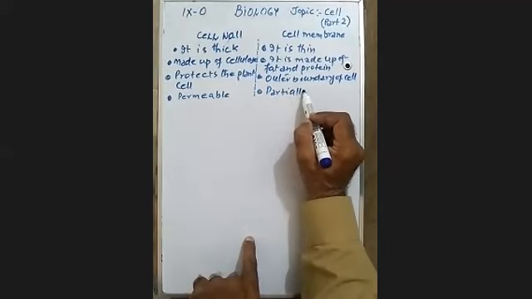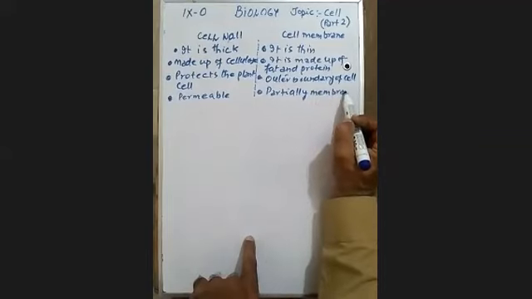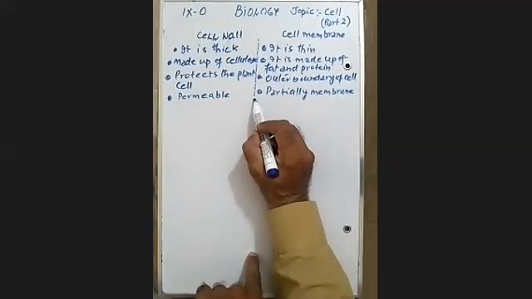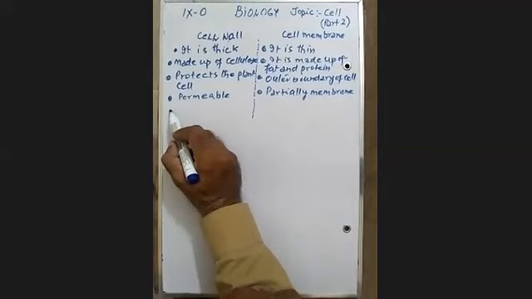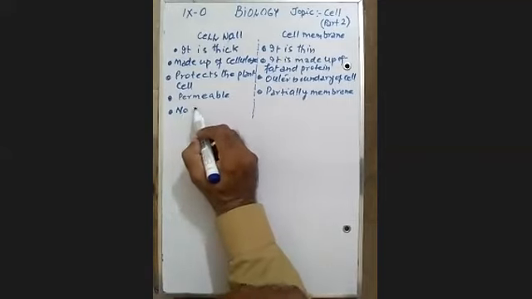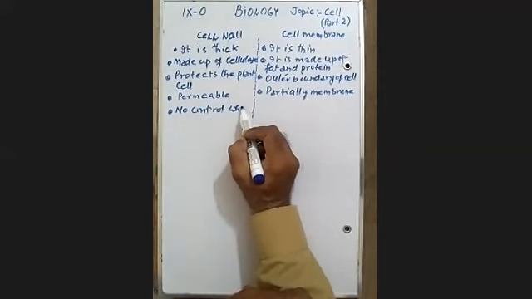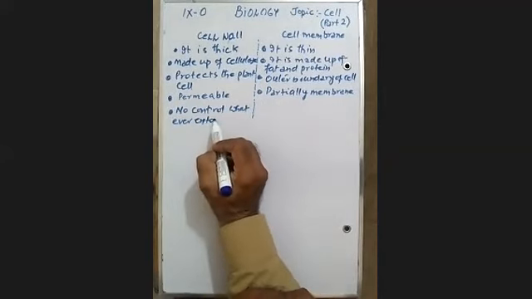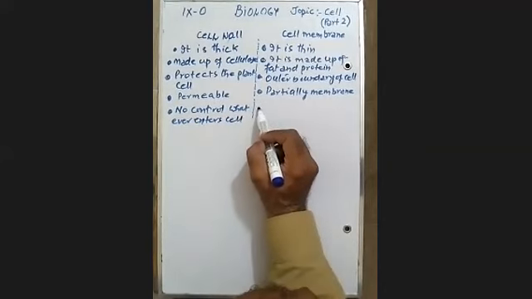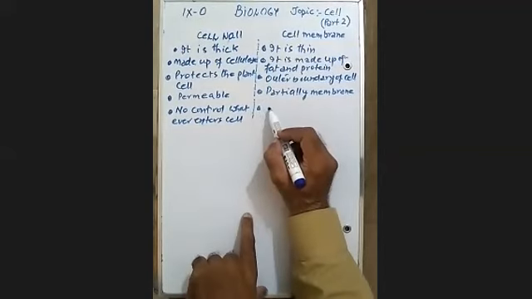It only allows those things to pass which are needed by the cell, and those things which are not needed by the cell cannot pass. And the last point: in the cell wall, there is no control over whatever enters the cell, and over here there is control.